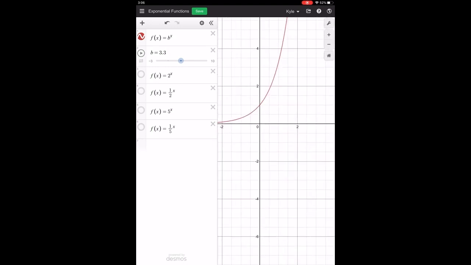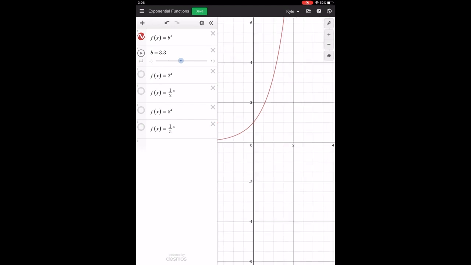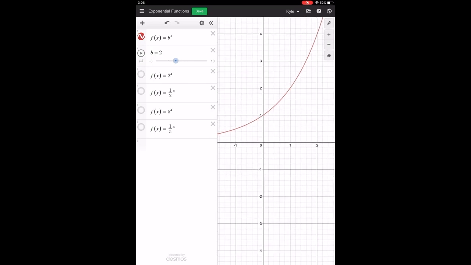So let's zoom in a little bit and see what we have going on. I'm going to zoom in on the graph and set b to be 2. Let's work with whole numbers here. Let me zoom in just a little bit more so we have individual components. Take a look at this graph and all of the coordinate points.